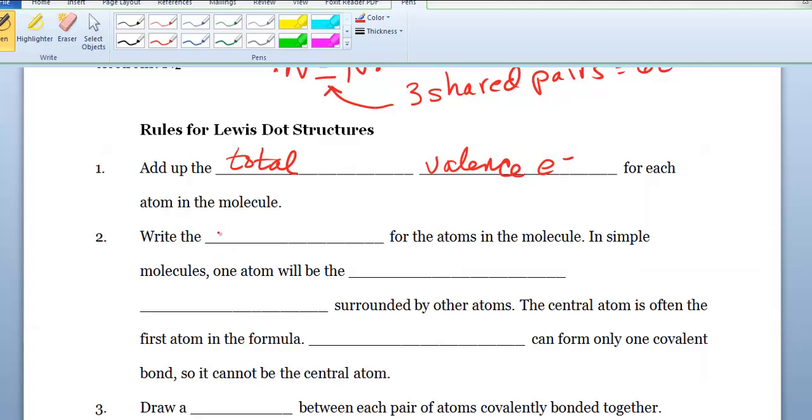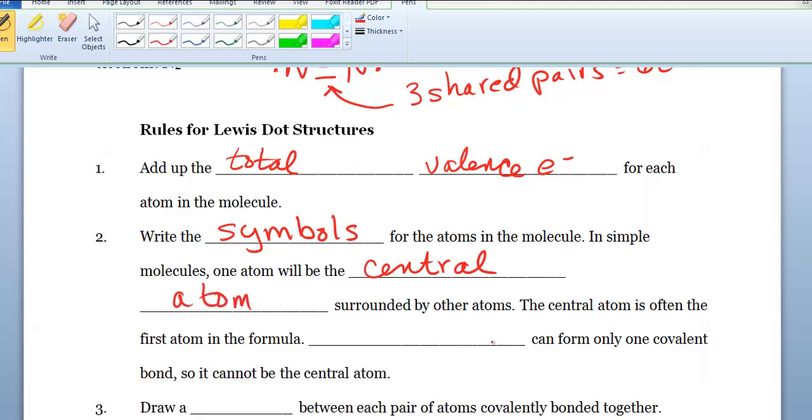And we write the symbols for the atoms in the molecule. In a simple molecule, one atom will be the central atom, and it is going to be surrounded by all the other atoms.